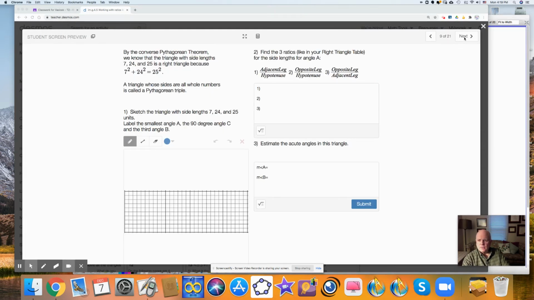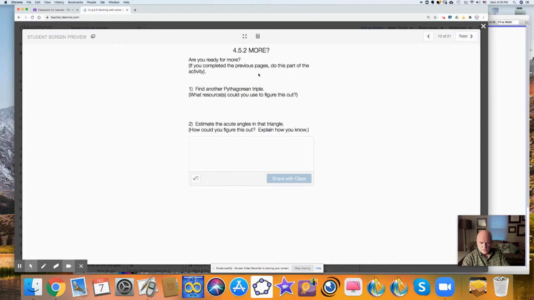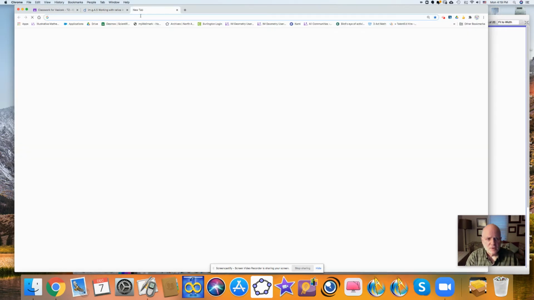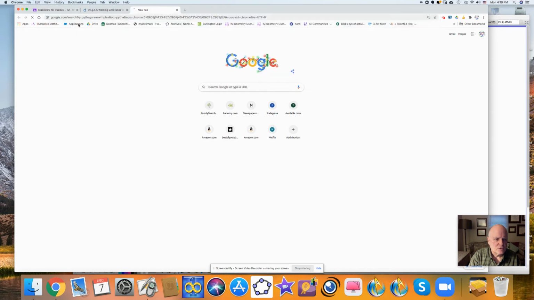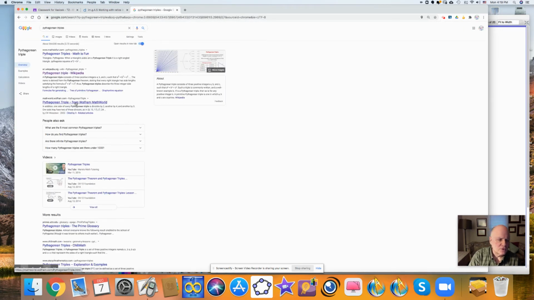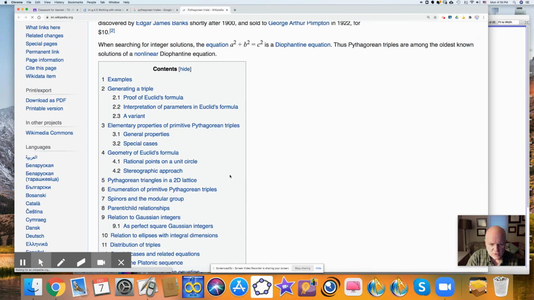Now, if you want to do more, you can do this with other Pythagorean triples. And like I said, you can Google Pythagorean triples. If I were to Google it, Pythagorean triples, and go down to Wikipedia, any of these would do it probably.